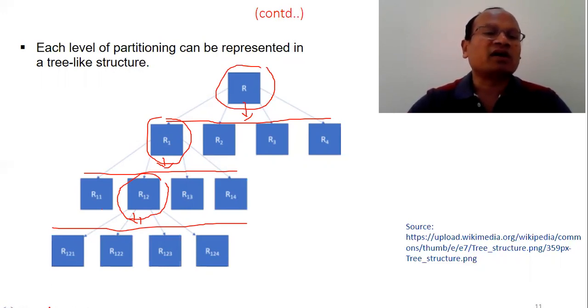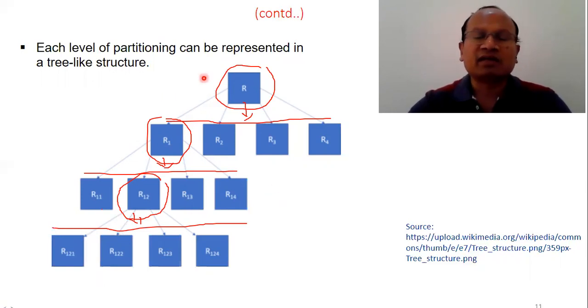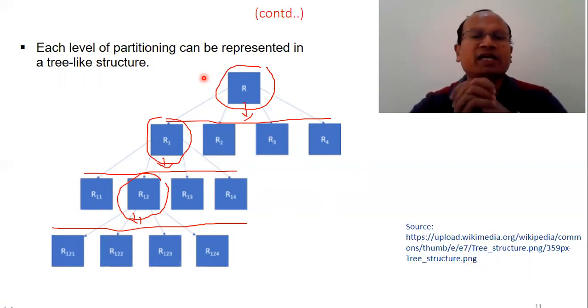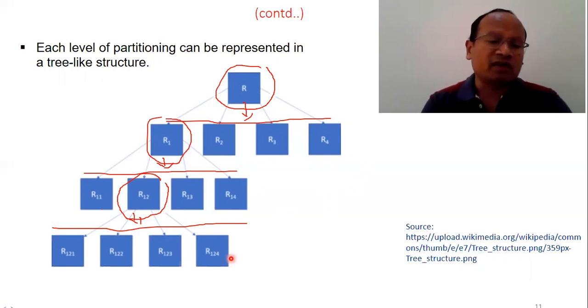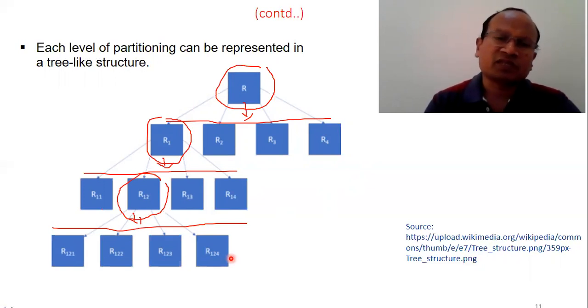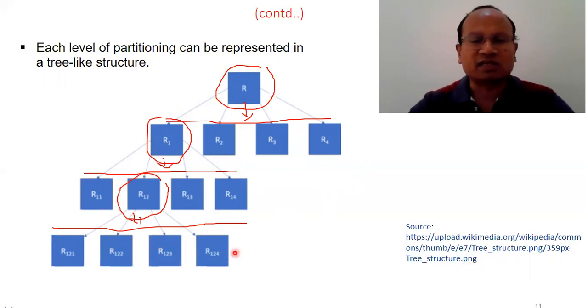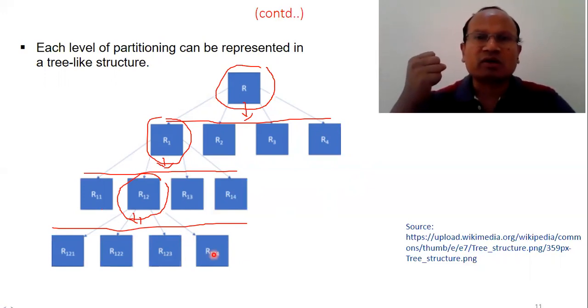So it's a tree-like structure where the parent is the region, the whole image with which we started splitting, and all these children will be smaller regions. And then we begin with the merging operation. As I have explained, in the merging operation, we'll check the criterion, we'll check the uniformity, whether the similarity between this region and this region, I mean R1 2 3 and R1 2 4, is less than some threshold or offset value.